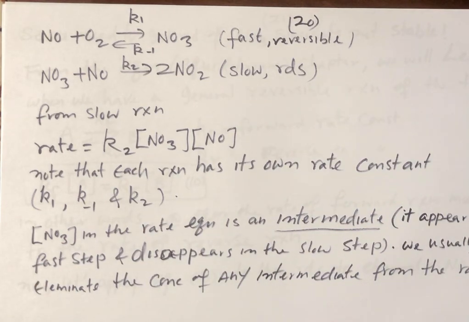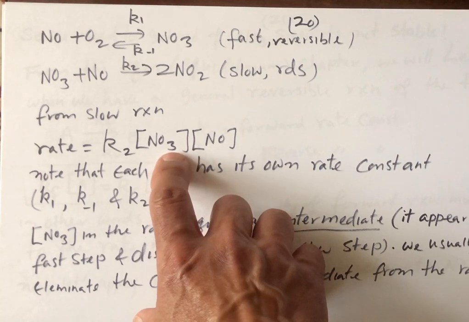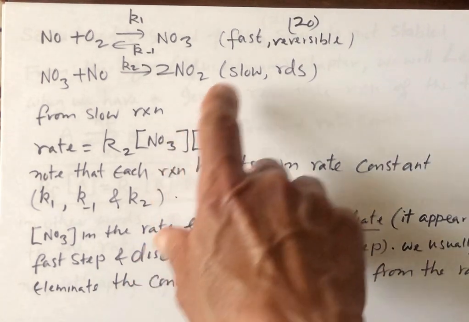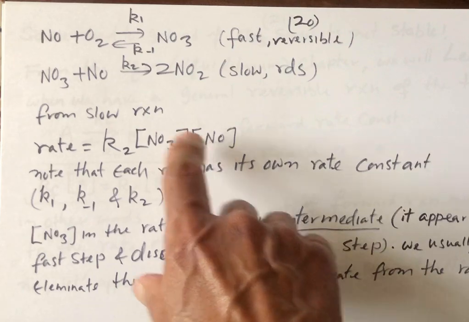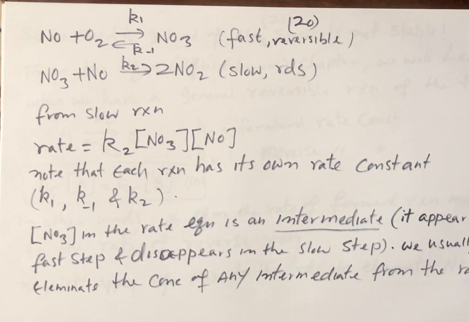Now, so this is the rate law. Now, we are going to see if this rate law that we get from this mechanism based on the slow step is consistent with the rate law given to us in the beginning of the problem, the observed rate law.